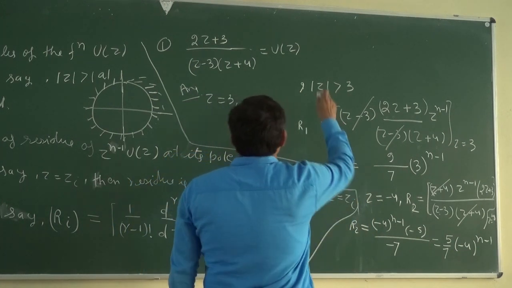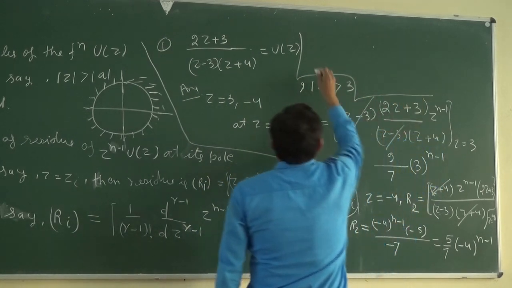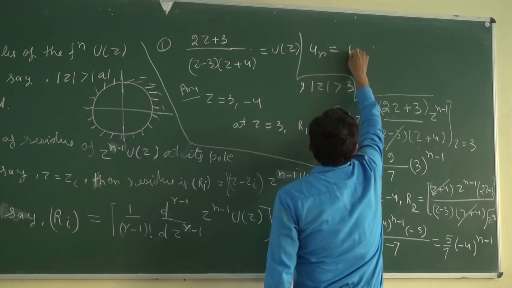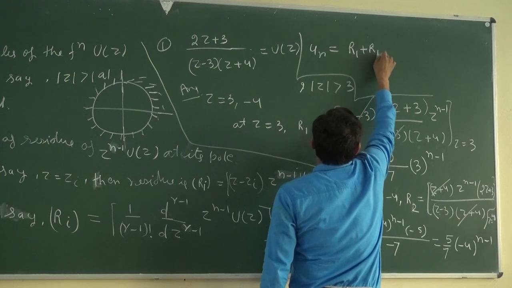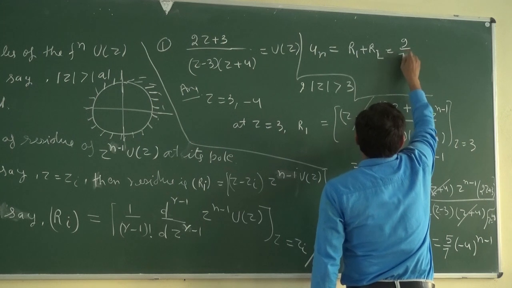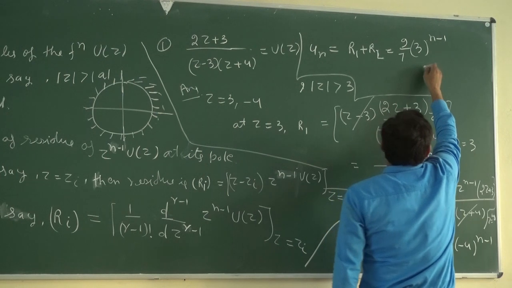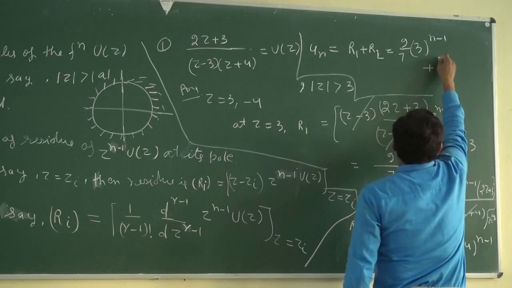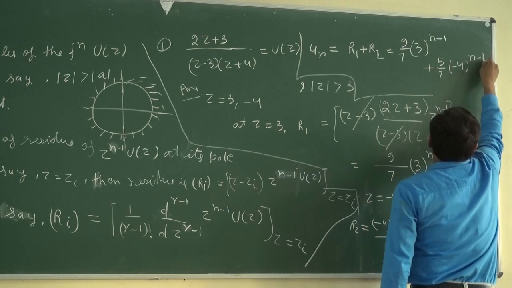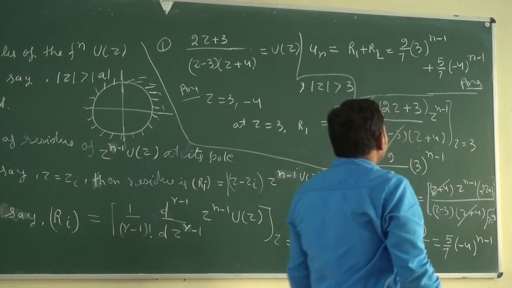So finally we can say the inverse Z transform of this is simply u n equal to R1 plus R2, that is equal to 9 upon 7 times 3 to the power n minus 1 plus 5 upon 7 times minus 4 to the power n minus 1. So finally we get the answer of this problem.